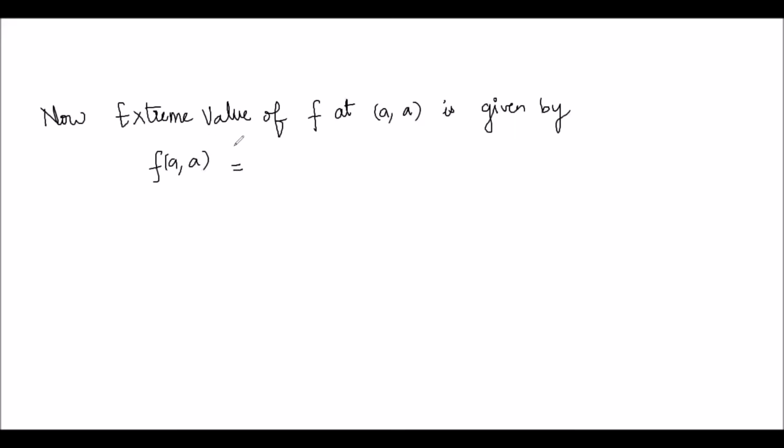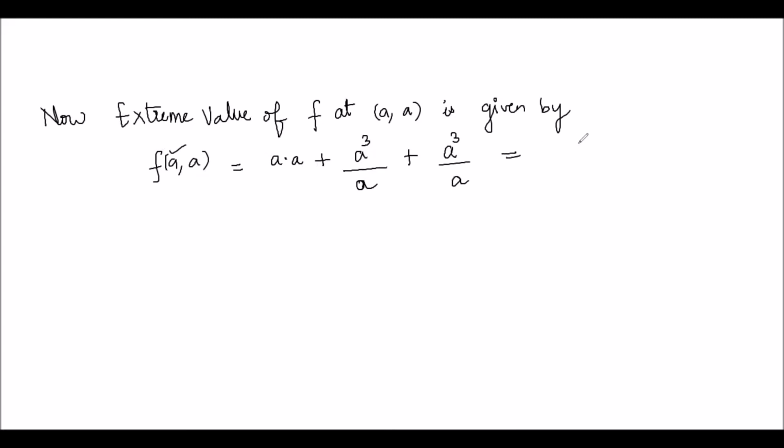Let us put in the definition of the function, and the first term is xy, so it will be a into a. The second term is a cube upon x. What is x? X is a. And the third term in the definition of the function is a cube upon y. What is y? Y is again a.